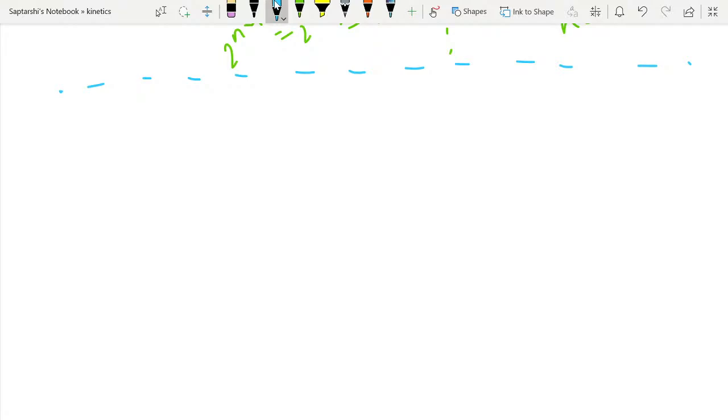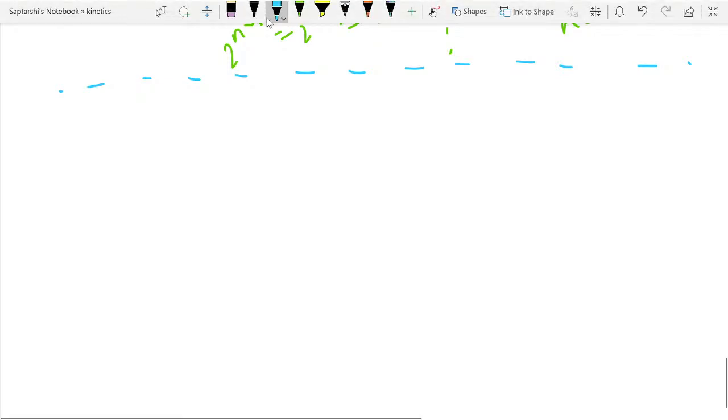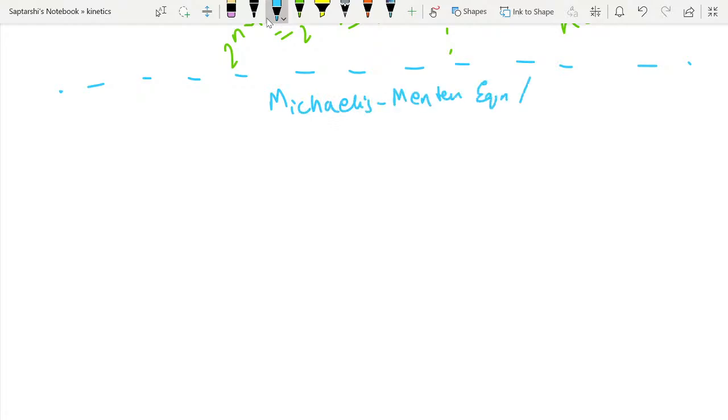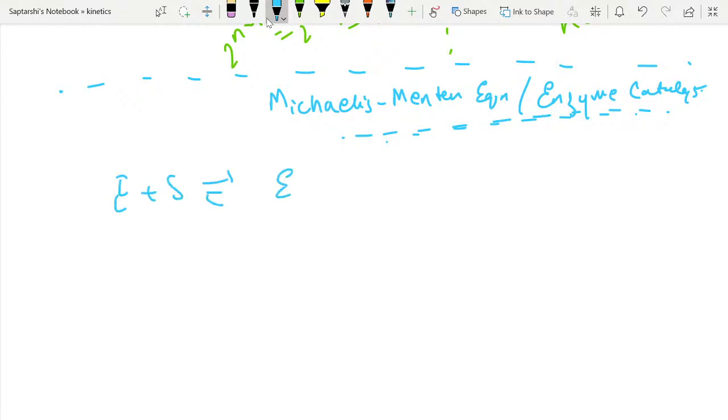Okay, so here, the Michaelis-Menten equation. This is for your enzyme catalysis. Okay, so we have an enzyme and a substrate, an enzyme-substrate reaction which gives us our product. So this is our K1, this is our K2, right?